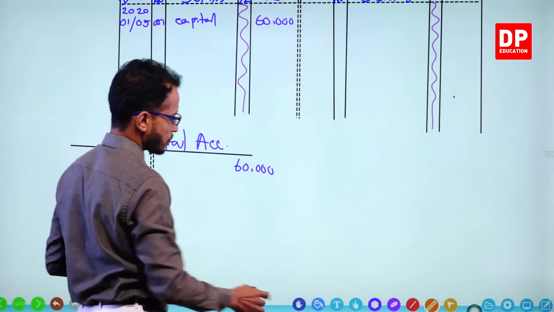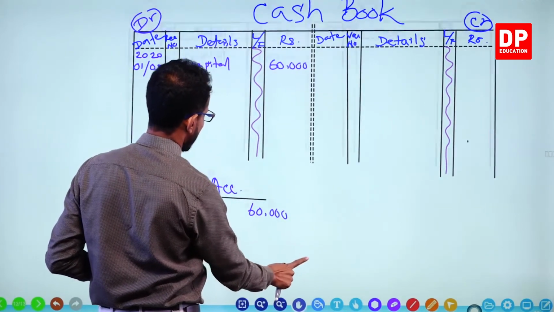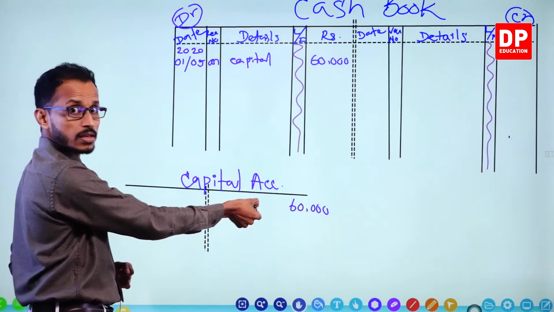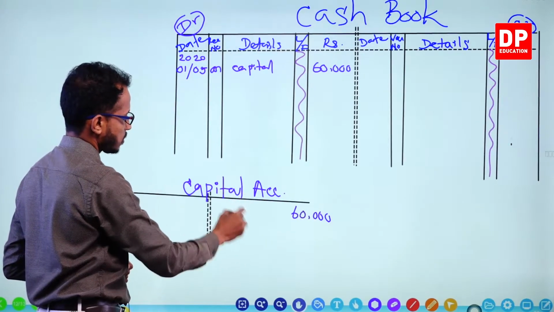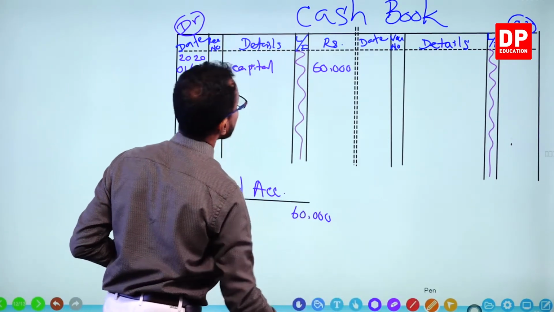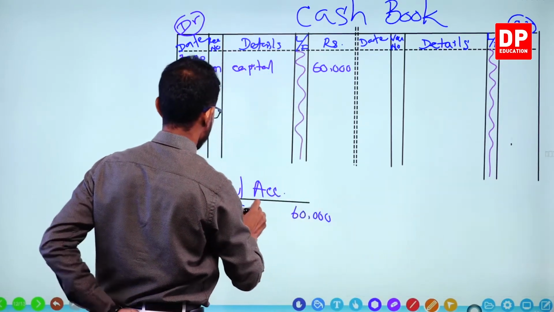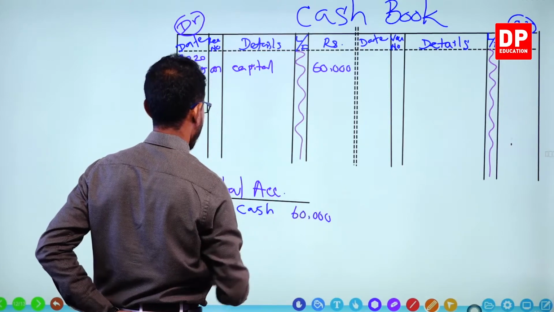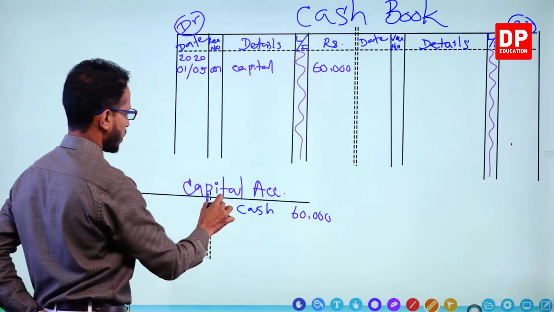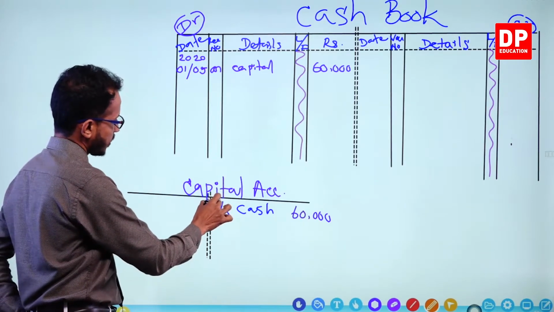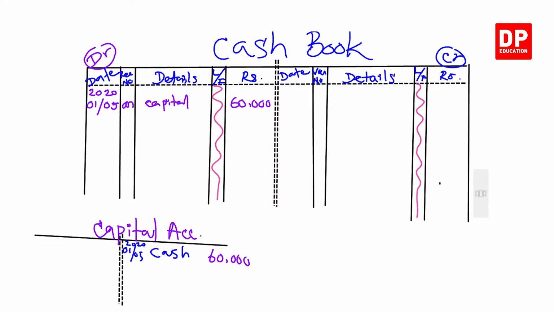What is the description, children? Cash. Let's put the date, 1st of May 2020.